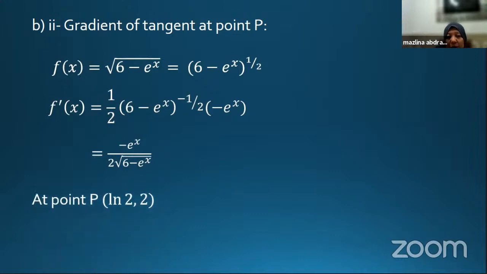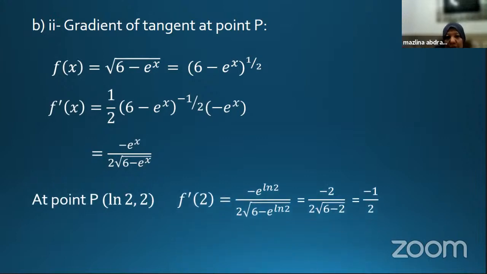Right, and then at the point P, the coordinate ln2 and 2, so substitute the value: negative e to the power of ln2 over 2 times square root of 6 minus e to the power of ln2. So e to the power of ln2 tu dia jadi 2 lah. E to the power of ln kan 1. So it is negative 2 over 2 times square root of 6 minus 2. So it is negative half.